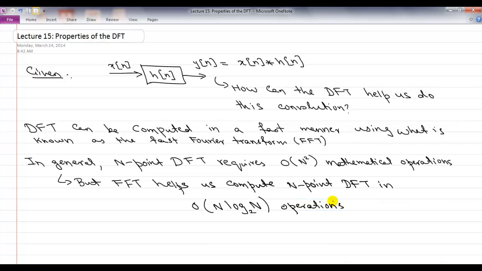And because of this, you can do the DFT computation in a much faster fashion.